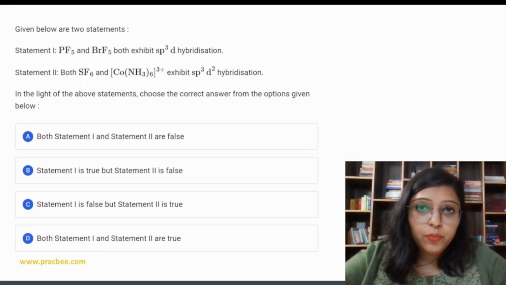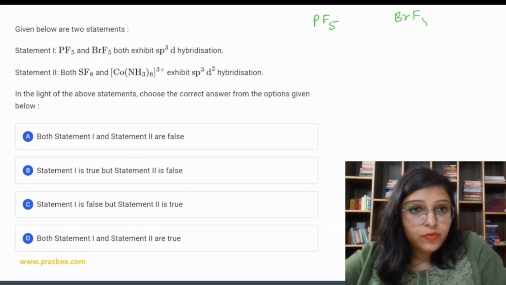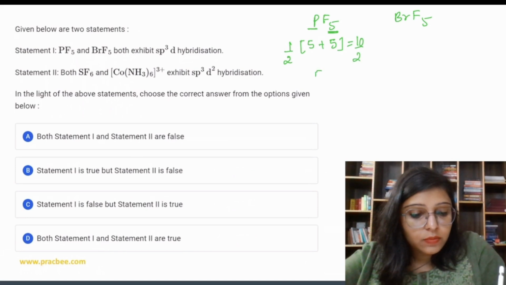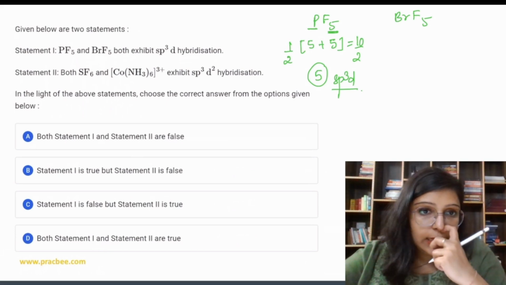Now let's check for this one. PF5 and BrF5 both have sp3d hybridization. So let's check how to find the hybridization of PF5 and BrF5. We have to find out the steric number. Half of the number of electrons in the central atom, 5, plus the number of monovalent atoms, 5. So 10 upon 2, so the steric number is 5, which is equivalent to sp3d hybridization. So this has sp3d.